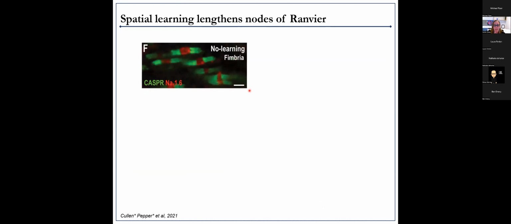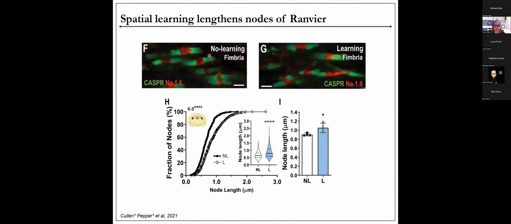When we compared the node length, the length of the node from paranode to paranode, we found there was a shift in the distribution of node lengths within the fimbria towards longer nodes. And when we averaged this per animal, we got a significant increase in the average node length in the hippocampal fimbria after spatial learning.